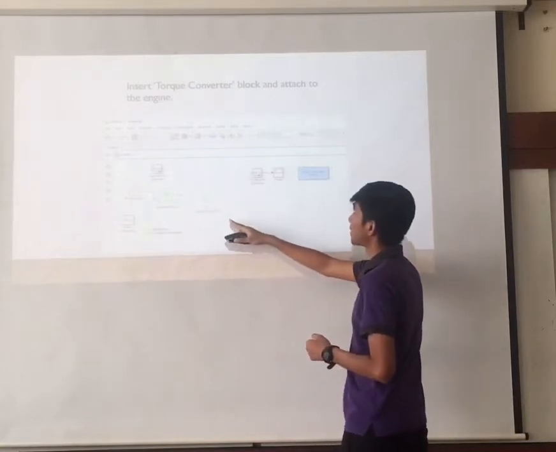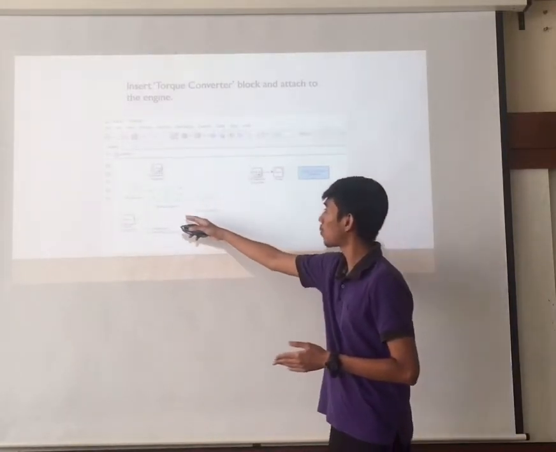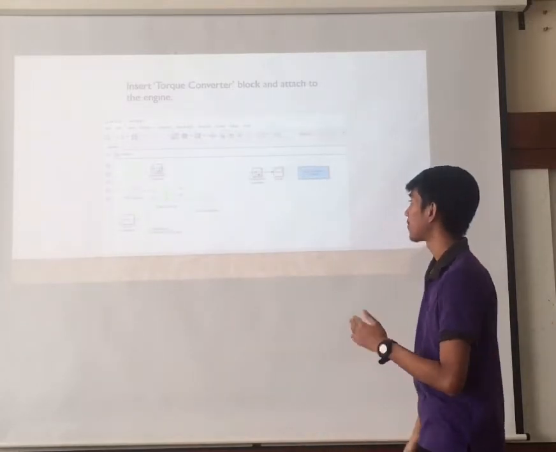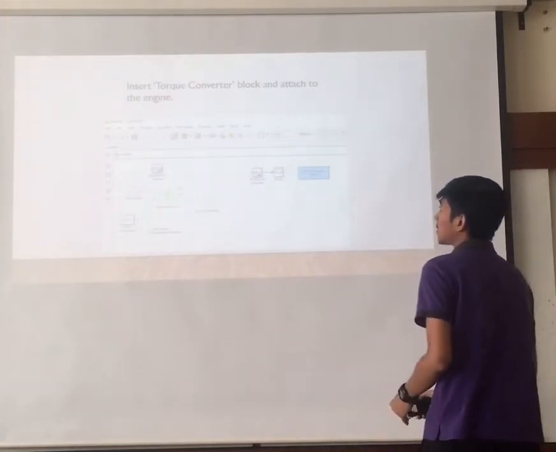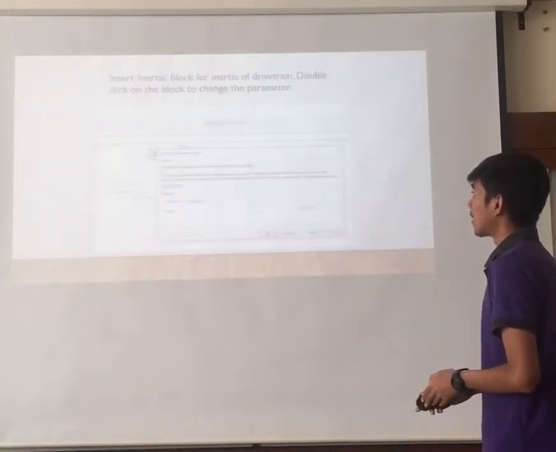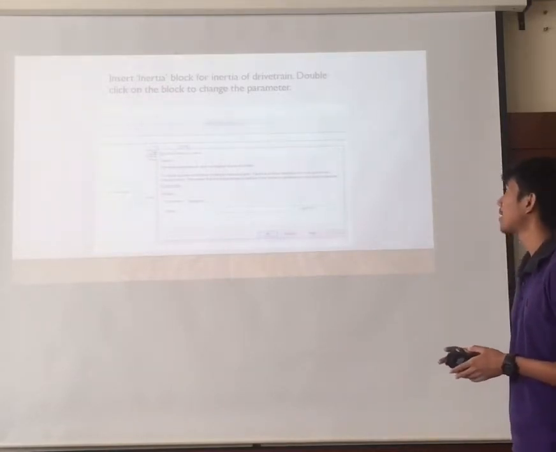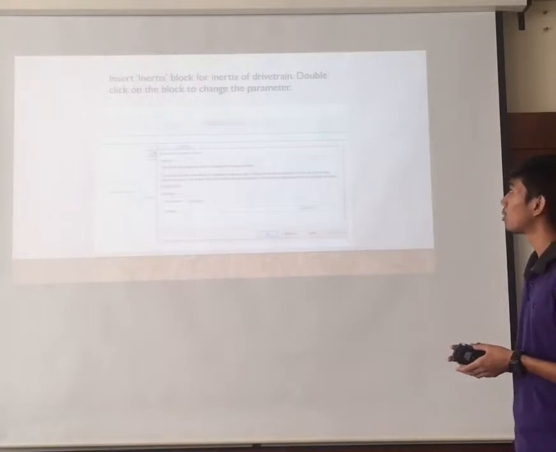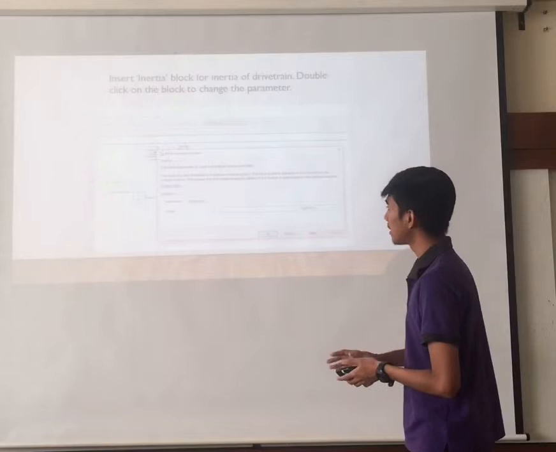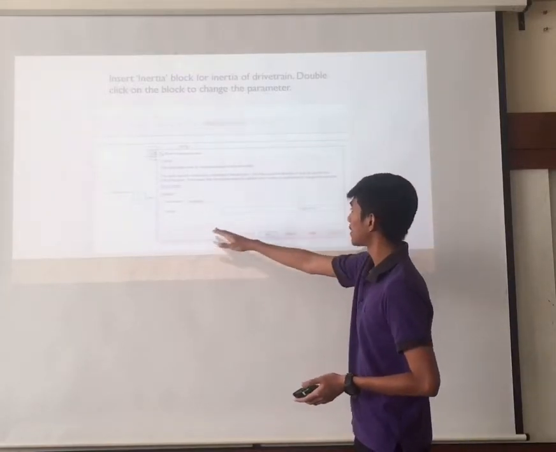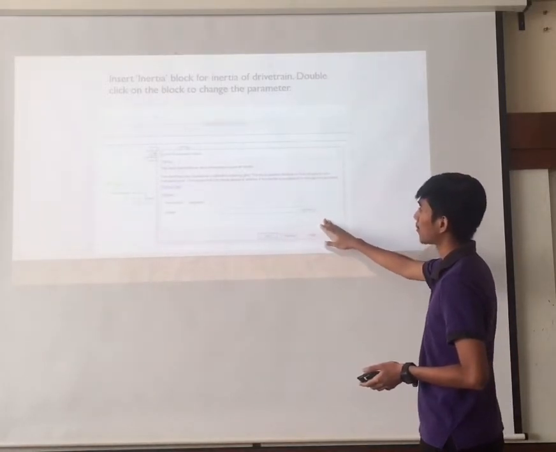After that, insert the torque converter block and attach it to the engine for the output of the engine, which goes to the drivetrain. And then insert the inertia block for the inertia of the drivetrain. Double click on the block to change the parameter. Here we change the inertia to 1, and over here is the unit for the inertia.